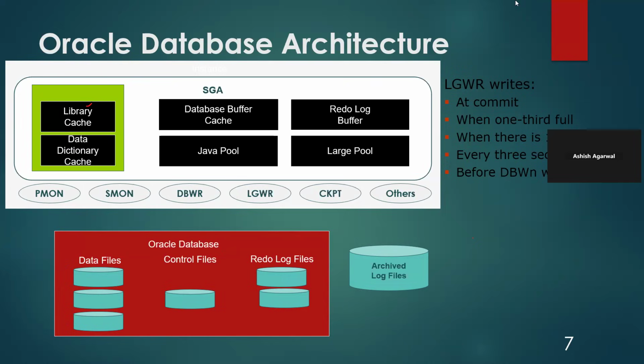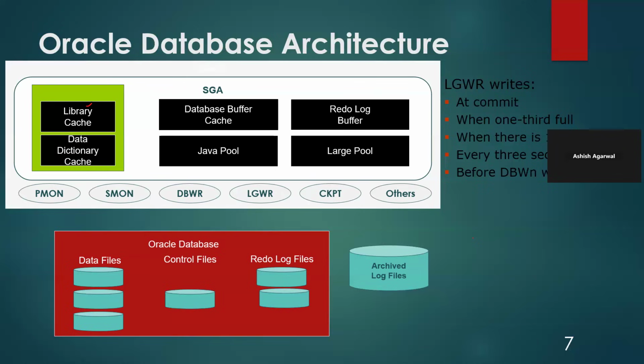Just to give you a brief on what is required for GoldenGate, we are going to look at Oracle database architecture. It is divided into two parts, the SGA and the Oracle database files. SGA stands for System Global Area, and it is again divided into two parts.